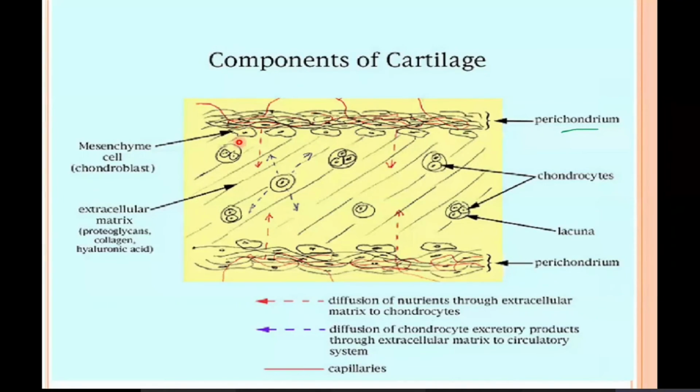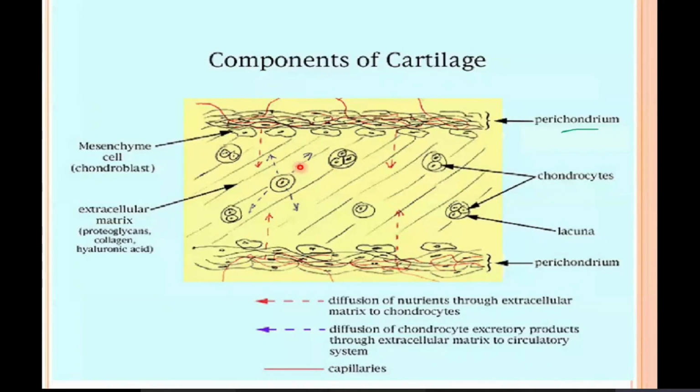They start secreting the extracellular matrix and ultimately get entrapped within it, in a cavity called lacuna. Within the lacuna, if they mature, they are called chondrocytes, and then they keep producing that ground substance for the normal repair of the cartilage.